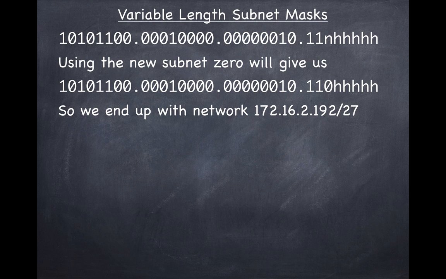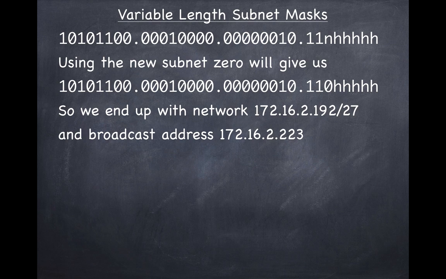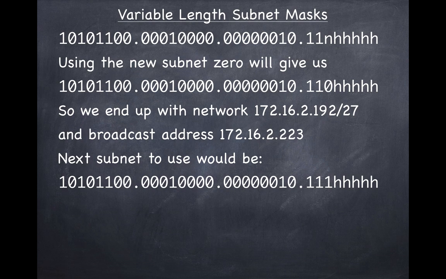If we set all the host bits to 1, then we end up with a broadcast address of 2.223. The next subnet we would get would be by changing the third bit in the last byte from 0 to 1. So that would be our next subnet. So it would be 2.193.